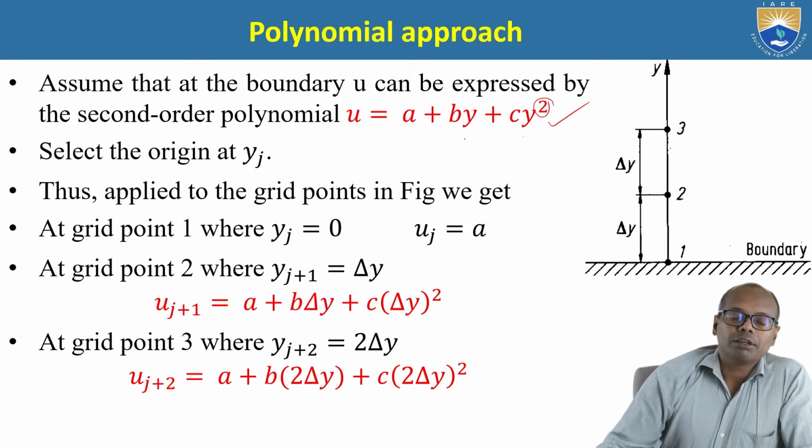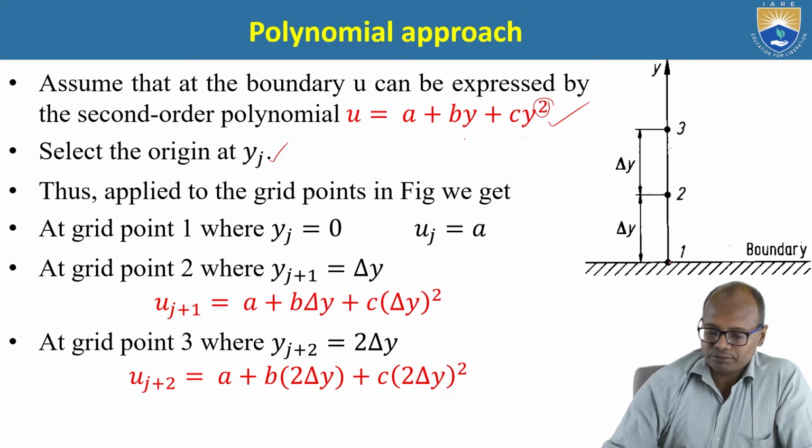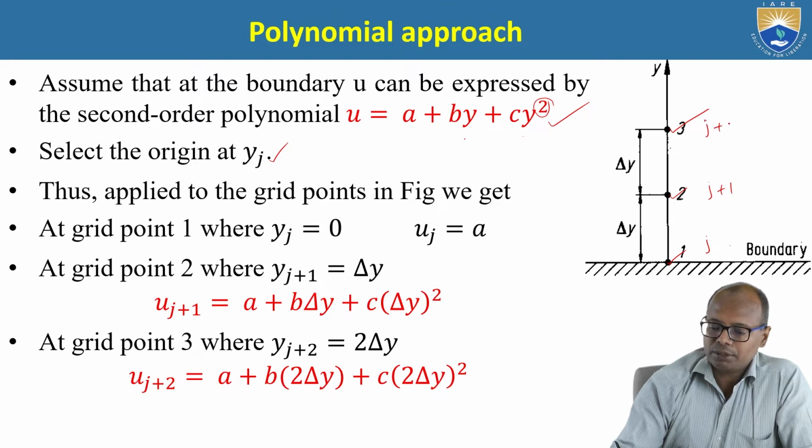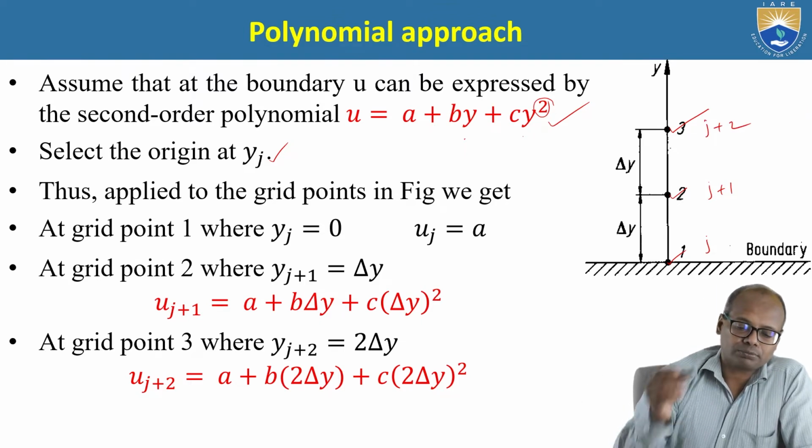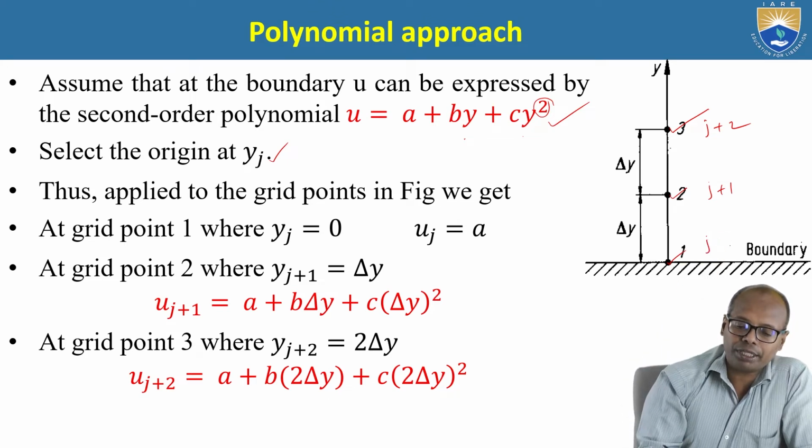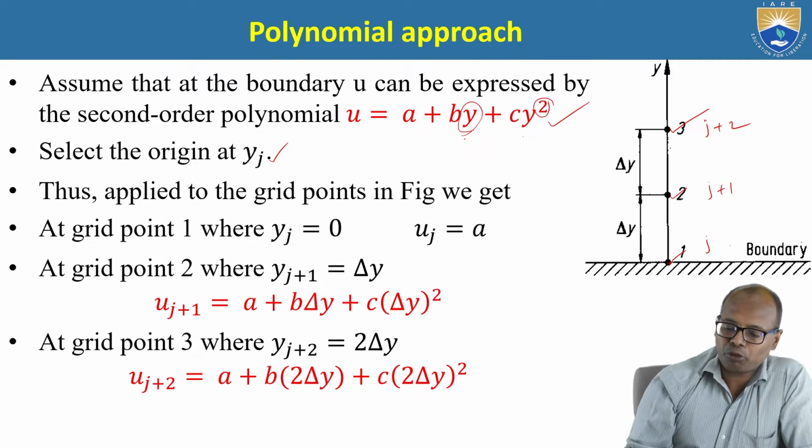Now suppose yj is at the boundary, then the next points are yj plus 1 and yj plus 2, and like this we will go along y. What we have to do here is substitute the values of y at point 1.